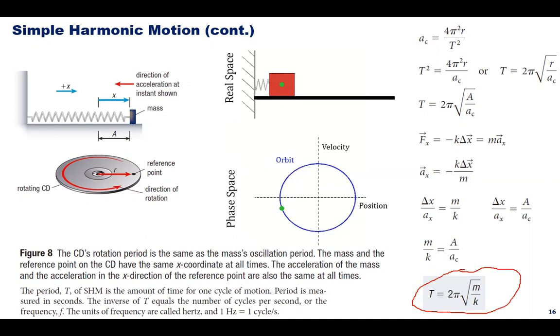Do you have any questions? Okay, I think you should write this down, and we're going to have a look at a sample problem which illustrates how we can use this formula to solve similar questions.